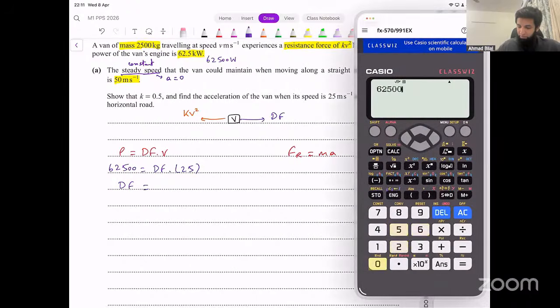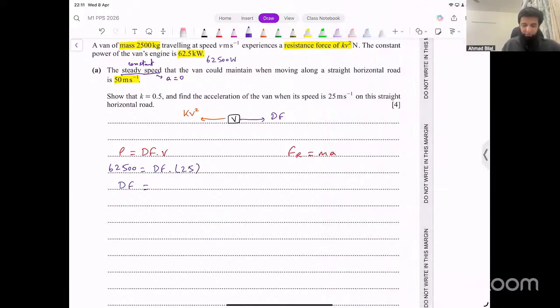Sorry, I read the wrong value there. This is actually when they're asking you to find the acceleration when the speed is 25. I'm sorry, this is 50, not 25. We're talking about this scenario where the speed is 50. 62,500 divided by 50, what's that number? 1250. Okay, thank you. 1250 Newton.